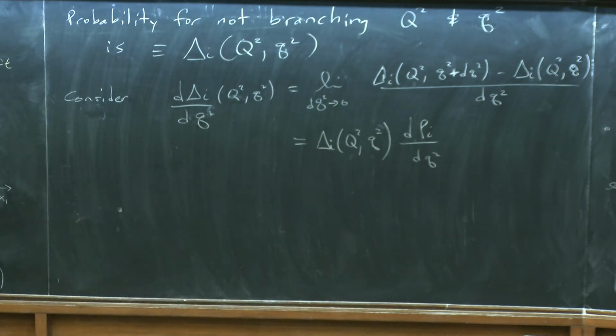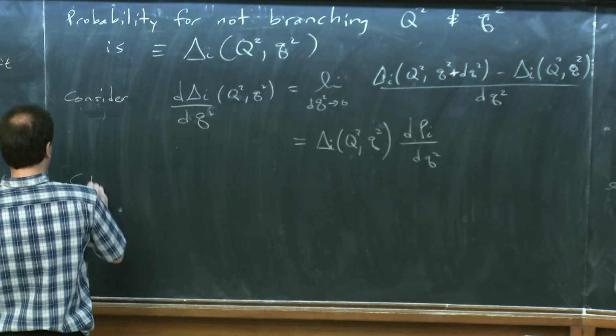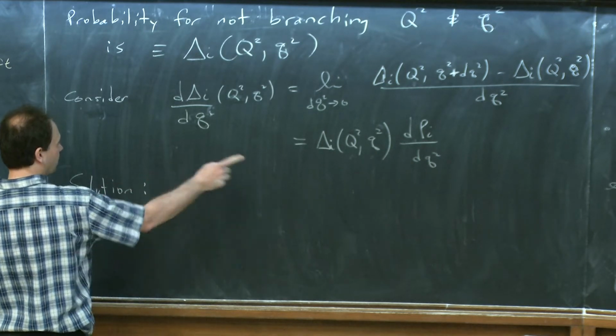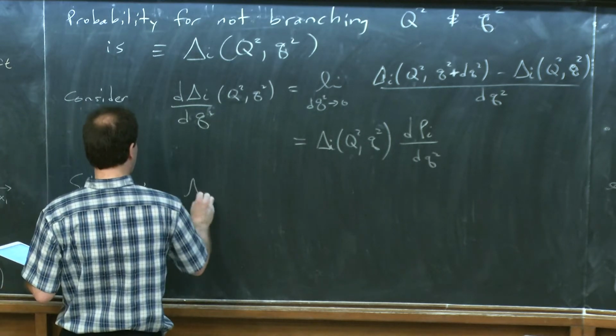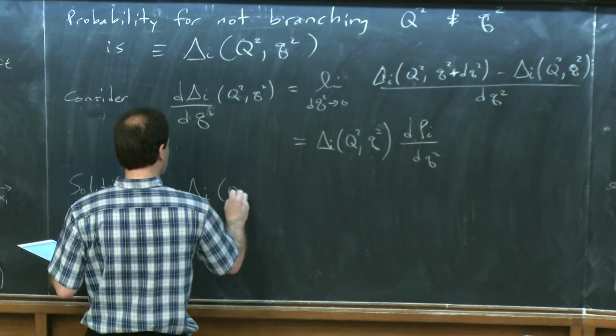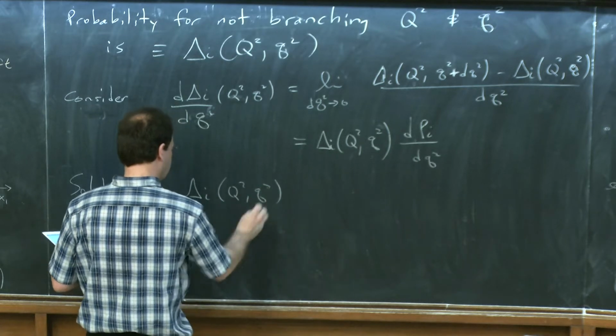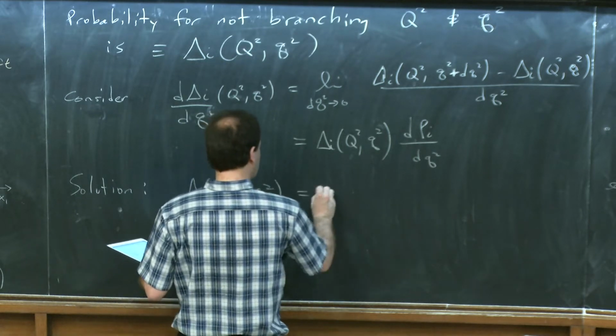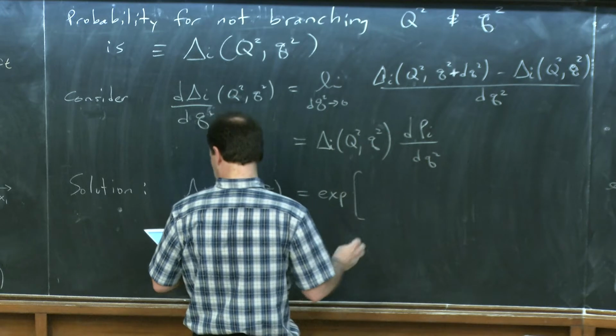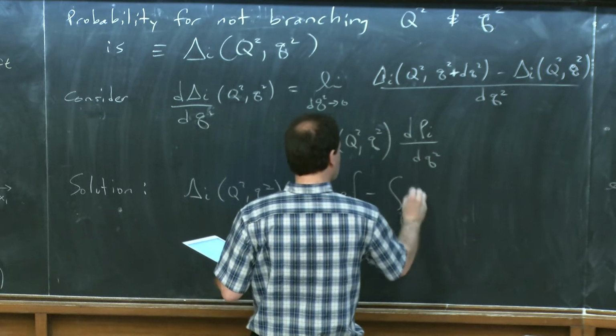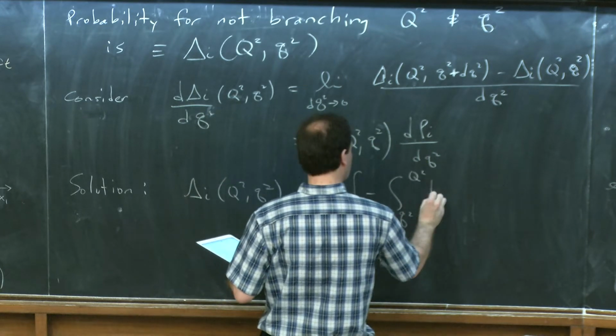And this is a differential equation for delta I that I can solve. And the solution, because there's a delta I on the right side, is an exponential that looks a lot like that Sudakov exponential that I just talked about, up to a few small, important differences.